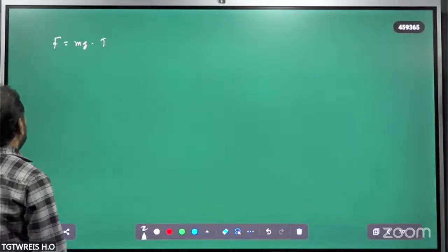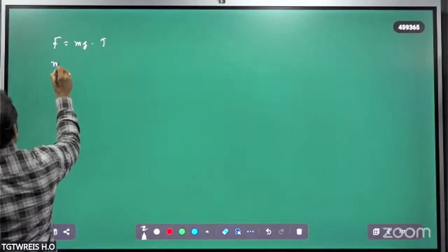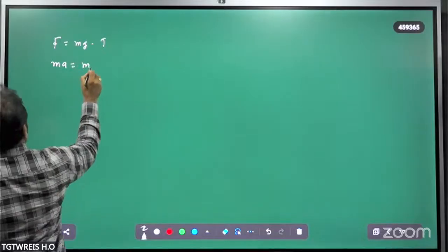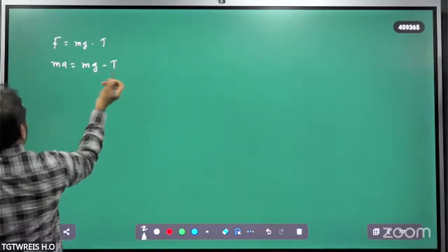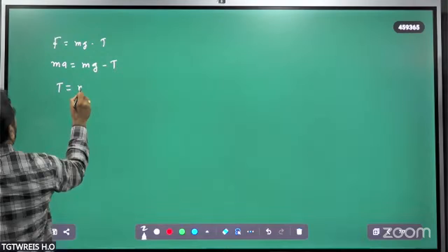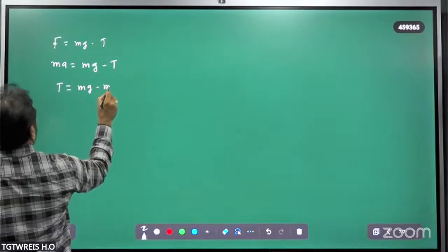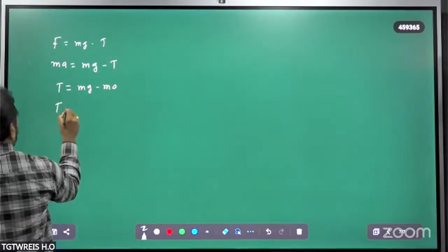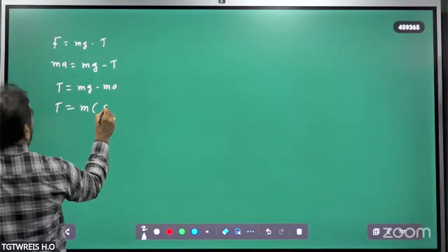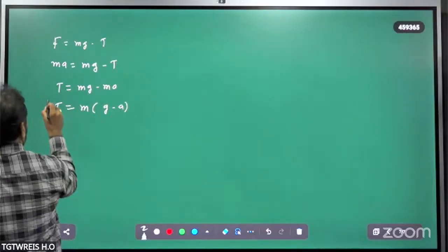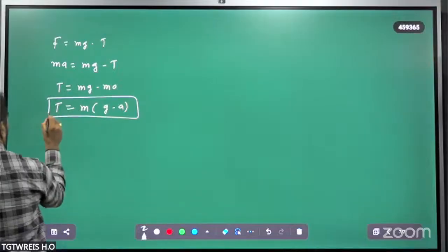F is equal to ma, which is mg minus T. T is equal to क्या हो जाता है? What is the value of T? T is equal to mg minus ma, so you can take m common: T is equal to m into (g minus a). This much tension force will be acting.